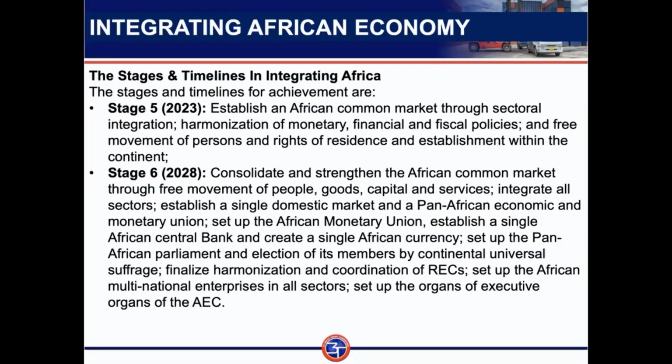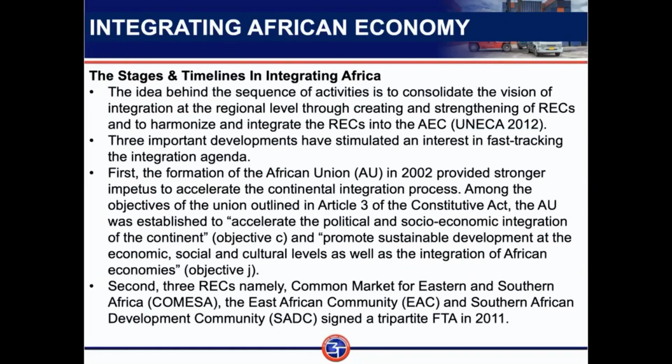Set up an African monetary union, establish a single African bank, African Central Bank, create a single African currency, set up a Pan-African parliament, and election for its members by continental universal suffrage, finalize harmonization and coordination of regional economic communities, set up African multinational enterprises in all sectors, set up the executive organ of the African Economic Community.